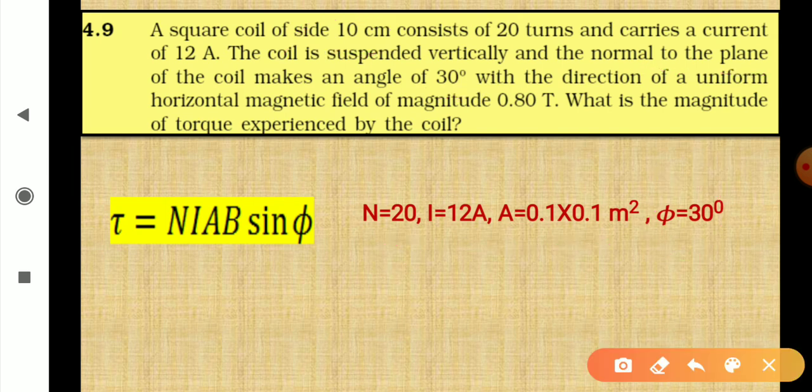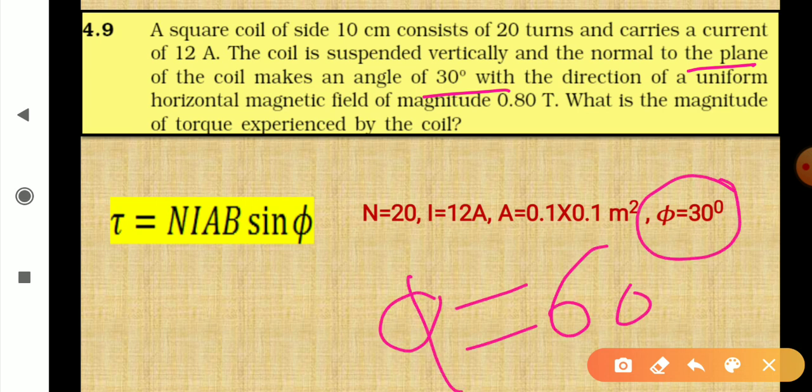Sometimes the angle between plane and the magnetic field is given. Supposing अगर ये नॉर्मल ना कह के केवल प्लेन कहा होता तो फाई की वैल्यू 60 डिग्री हो जाती.